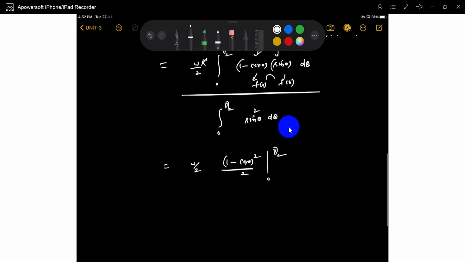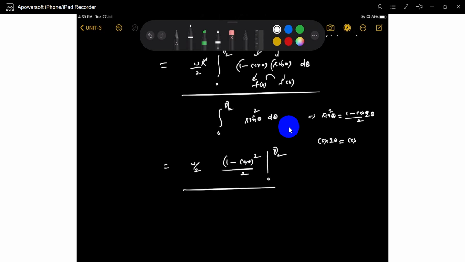Now what is the integration of sin square theta d theta? How can you write it? Sin square theta is equal to 1 minus cos 2 theta by 2. How do we get it?